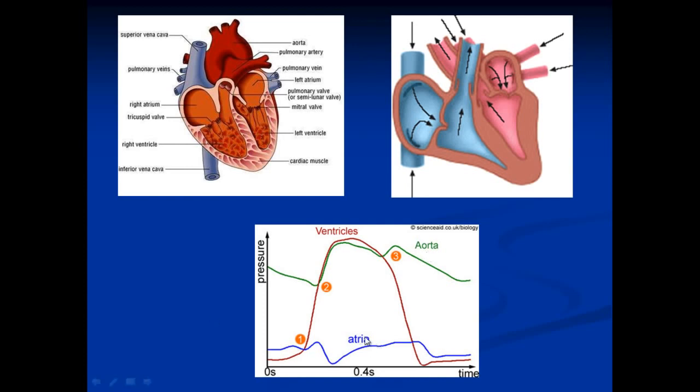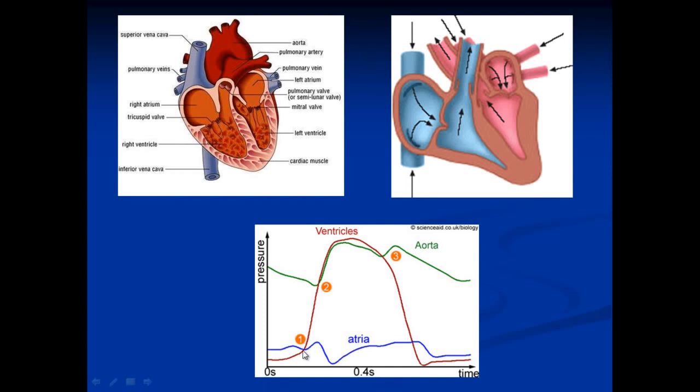And so at this point, exactly here, you have a higher atrial pressure than ventricular pressure. What that tells us is the atria are contracting and pushing blood into the ventricles. So this diagram represents what's happening roughly around here, where you've got the higher atrial pressure than the ventricular pressure.